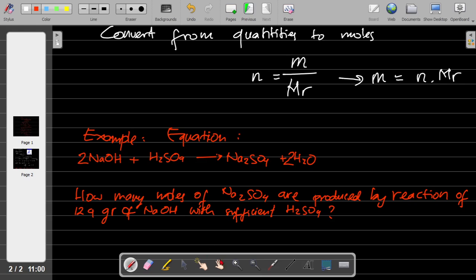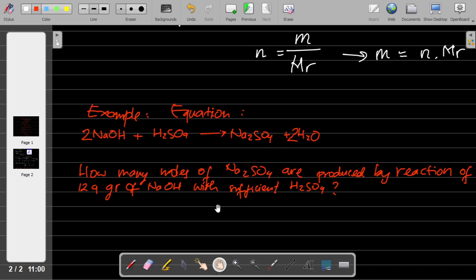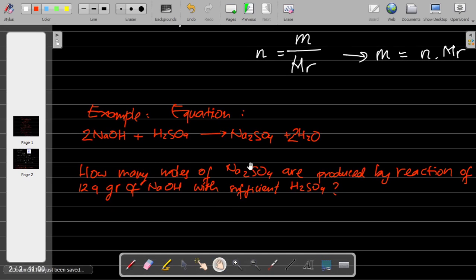So we have to find how many moles of Na2SO4 can be obtained by the reaction here.